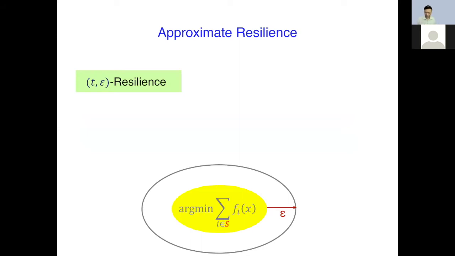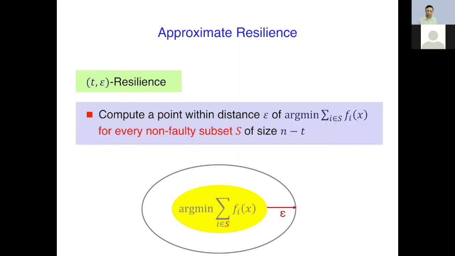The goal of (T, epsilon) resilience now is to find an output which is within distance epsilon of this argmin, where I replace the set G on the previous slide with this set S. The set S is any subset of size n minus T of set G, meaning set S contains any n minus T good agents.